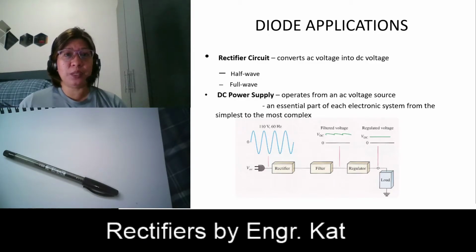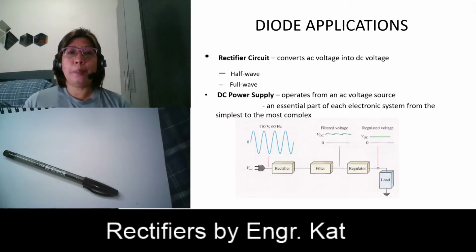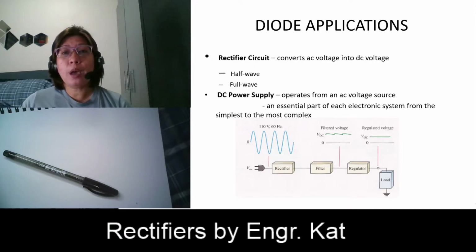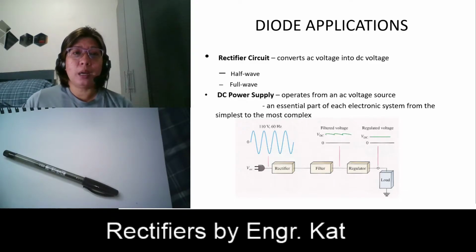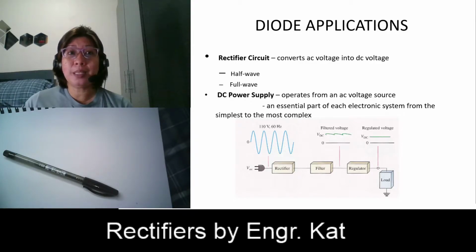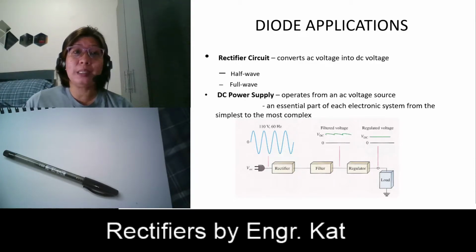on our next video. Okay, so by looking at this block diagram, from an AC source, from a sinusoidal waveform, we have an output which is regulated DC. This is our representation for AC, which is a sinusoidal waveform, and this is our representation for DC, which is a straight line, which means it is not changing.